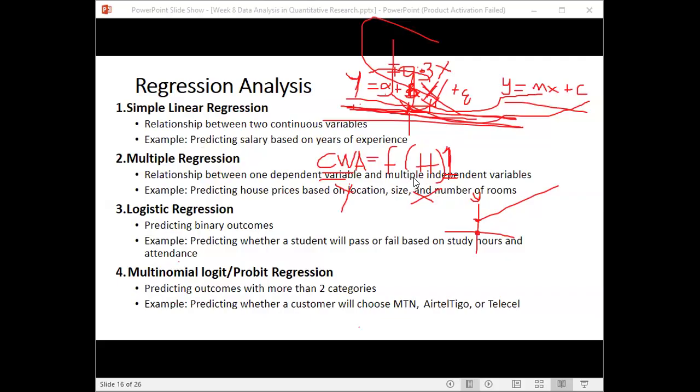A multiple regression is just saying that instead of us having one variable, we have multiple variables to explain our y variable.